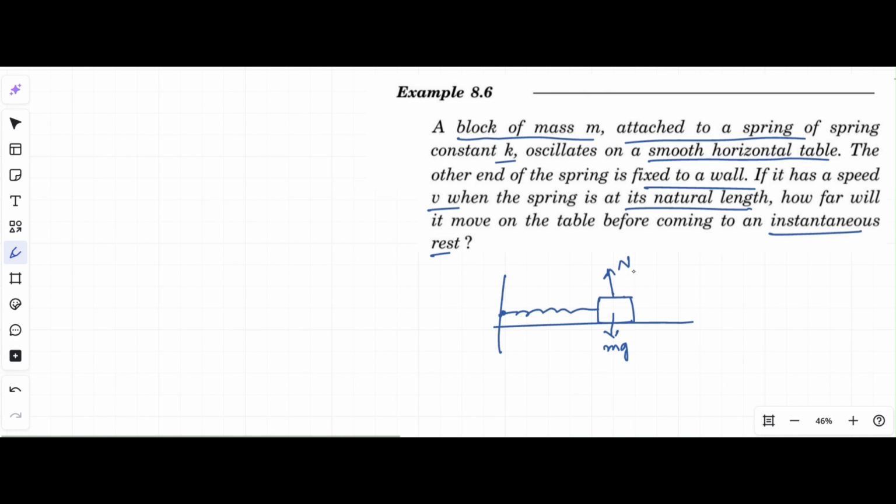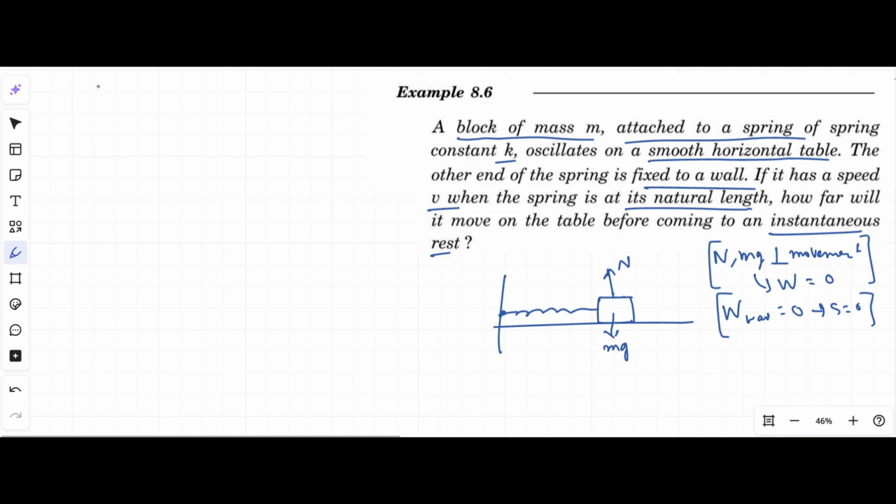But the normal reaction and mg are perpendicular to movement, so the work done by them is equal to 0. The work done by the wall is also 0, because the distance is 0. Due to that force, nothing is moving here. So we are back to only an internal conservative force, which is the spring force.